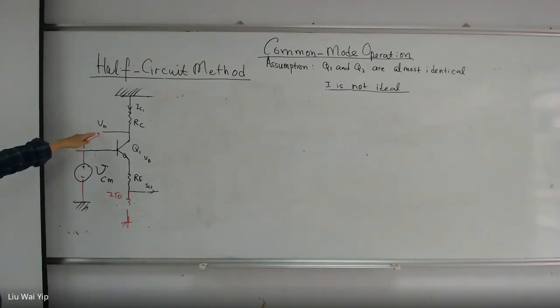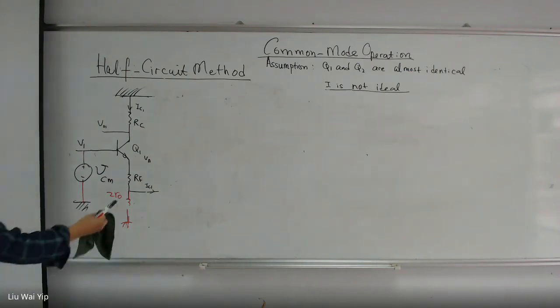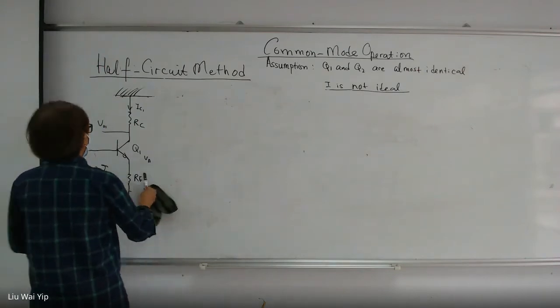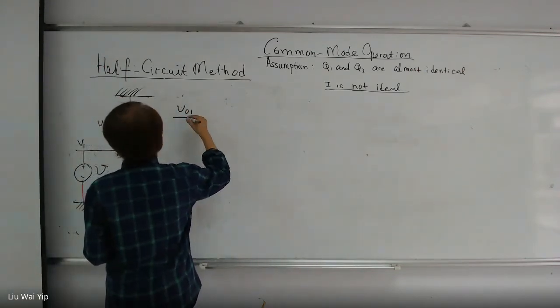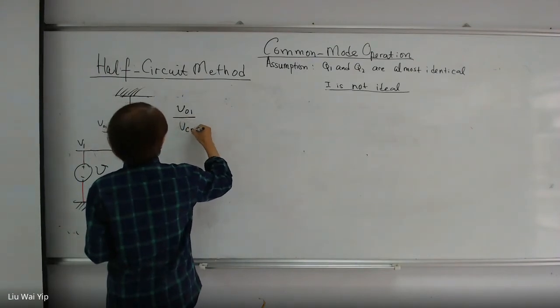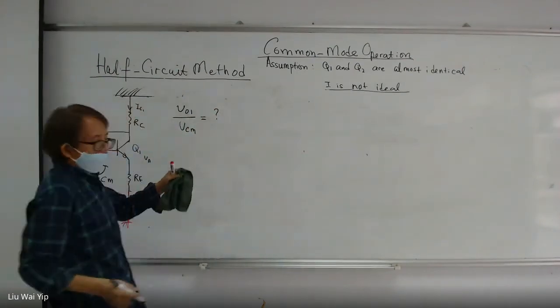We just do it right away. VO1 divided by VCM. And I want you to be a volunteer this time. Just get the circuit gain here. I want to know VO1 divided by VCM. Yeah, calculate this.